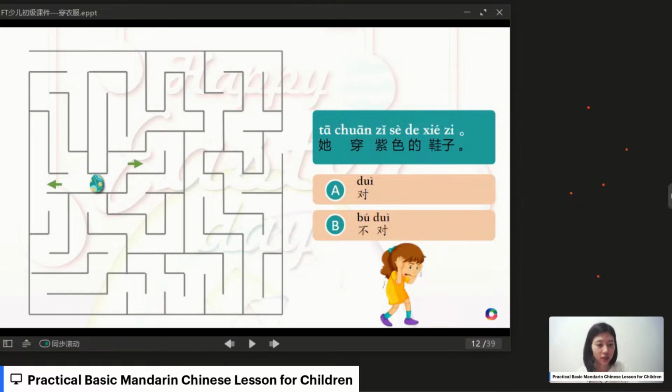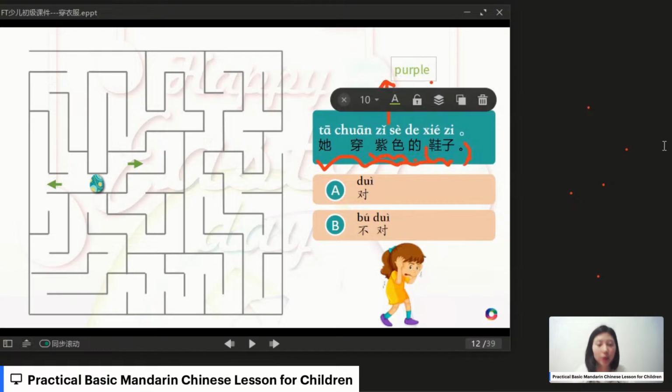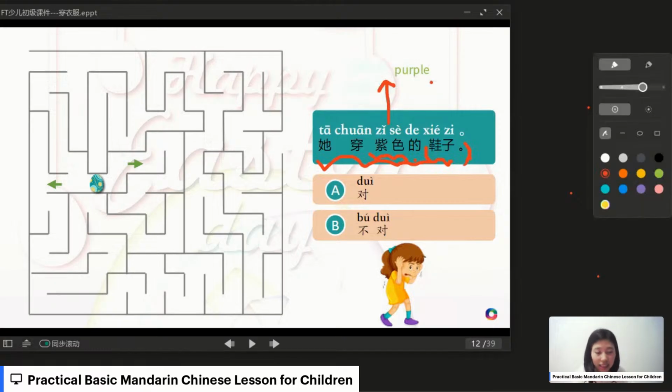Okay, so let's check the next one. Here, 他穿紫色的鞋子. We got shoes, 鞋子, and this part is 紫色的. What's the color? This color would be purple. The purple shoes. Let's check this.